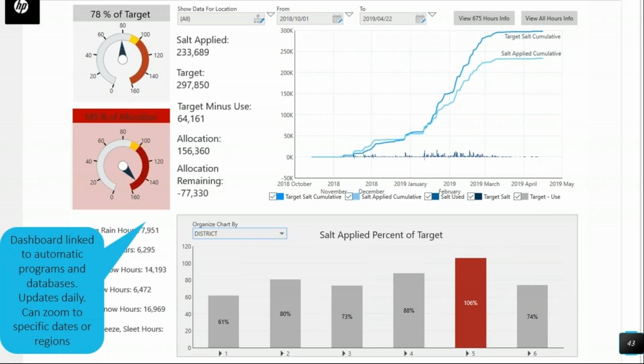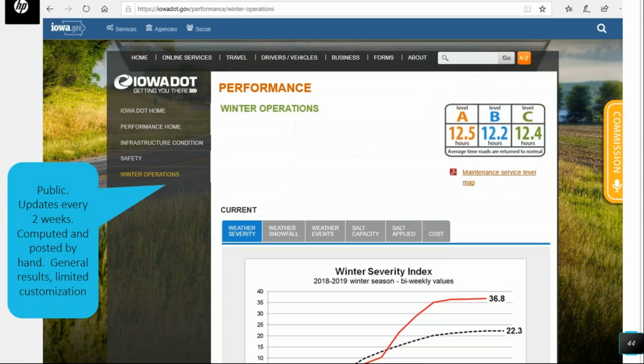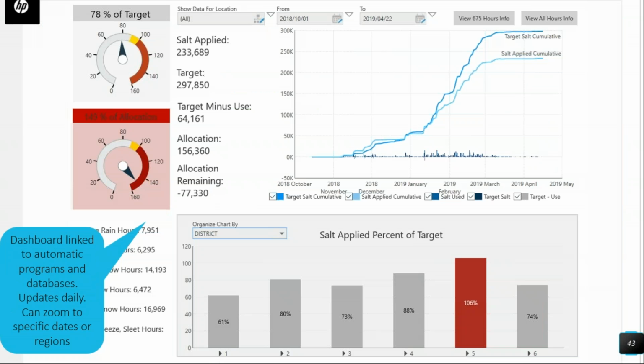A lot of the performance stuff that I provide is still done by hand. So we have a number of automated systems, but as far as getting all the way to the outcome side of the equation, most of everything that we have is still fairly manual.